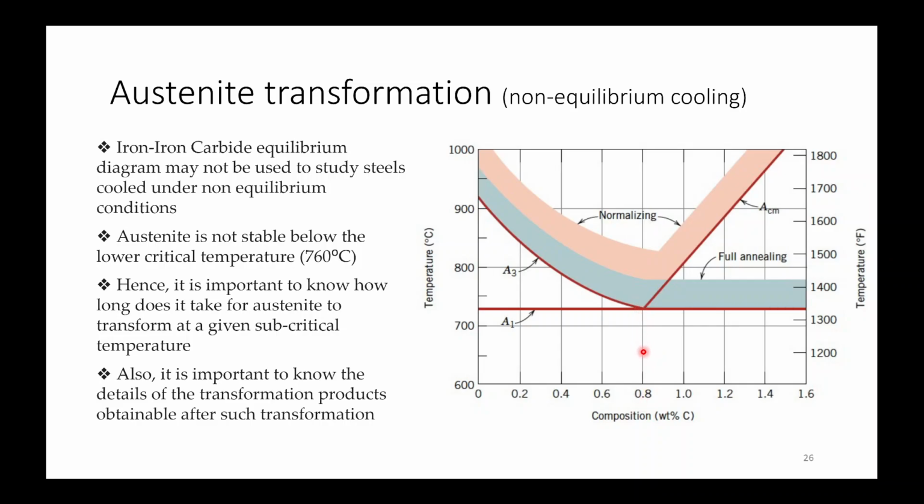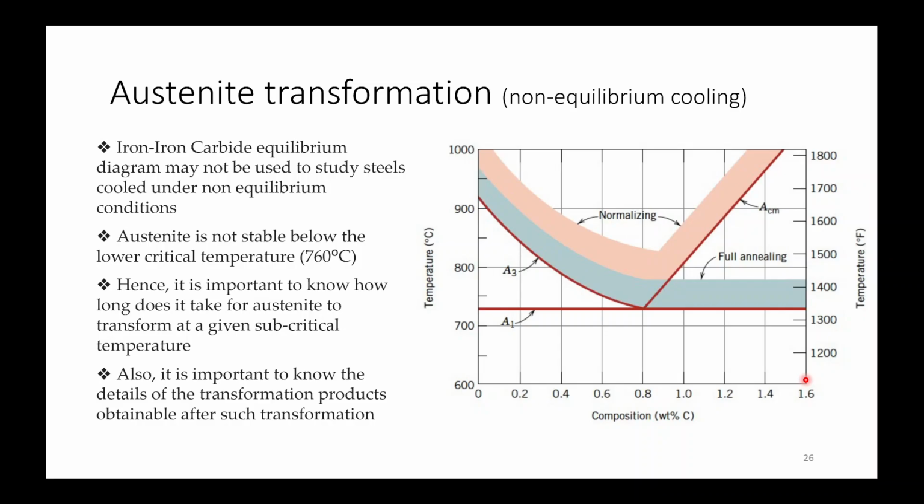If you move in this direction you'll get alpha, and if you move in this direction you'll get some Fe3C, cementite, proeutectoid. When you keep on moving in this direction, at 6.7% or so, you'll get Fe3C completely. The composition will be fixed for that.